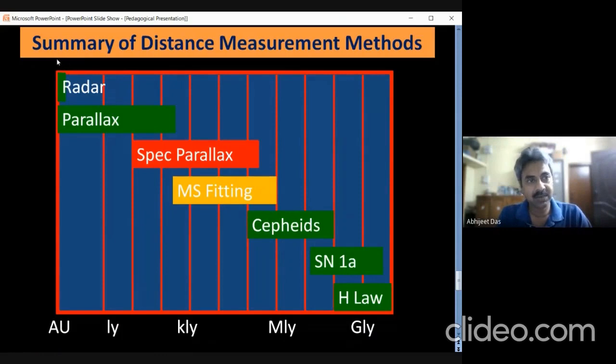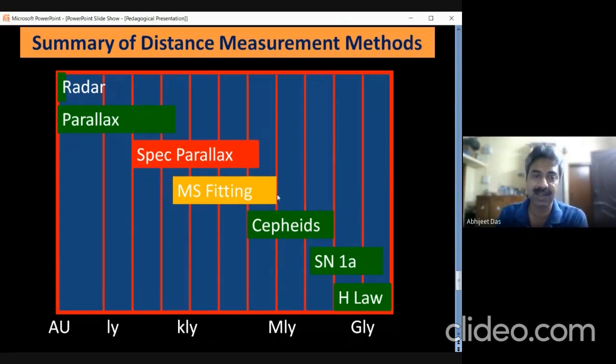So now, just going for the summary of distance measurements, in our cosmic distance ladder, we have the rungs as the use of radar ranging, which is applied for solar system objects. Then the parallax method, which is used for nearby stars, and then the spectroscopic parallax method, which is mainly applied for clusters of stars or for distant stars.